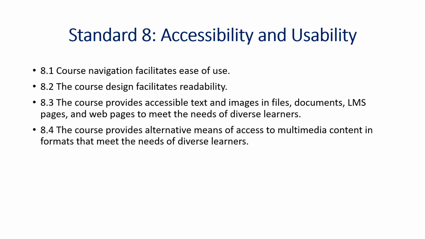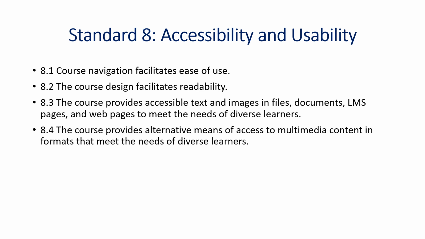The course provides alternative means of access to multimedia content in formats that meet the needs of diverse learners. We have to have tags on our photos so that those who have image issues and eye problems can hear and see in different ways. We need to be sure that we use our accessibility checkers.